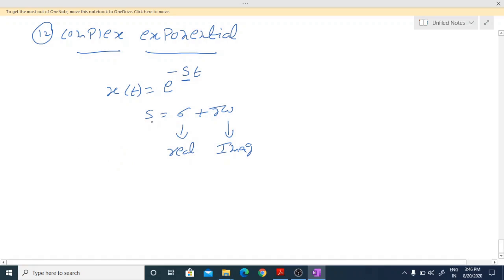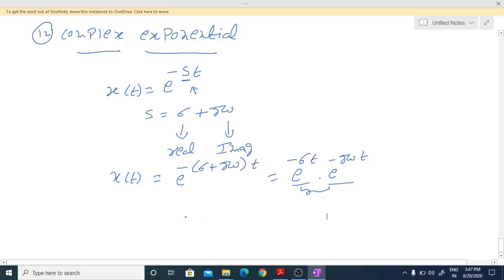If we substitute s equal to sigma plus j omega in this equation, we get x of t is e power minus of sigma plus j omega into t, and it is equivalent to e power minus sigma t into e power minus j omega t. So the two signals are multiplied with each other. One is the real term signal and the second one is the imaginary term signal, and the output of the complex exponential signal is the product of these two signals.